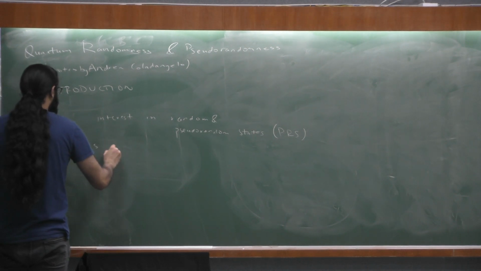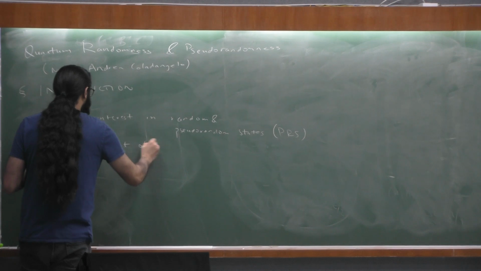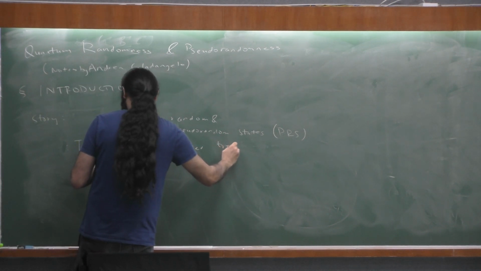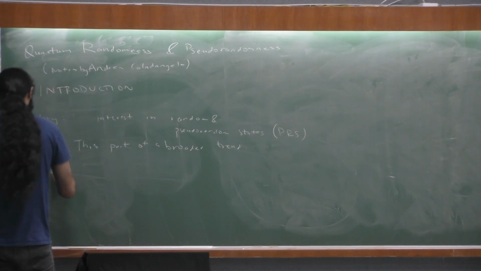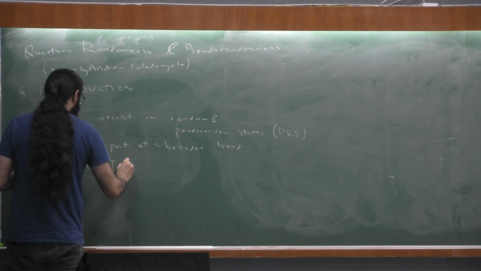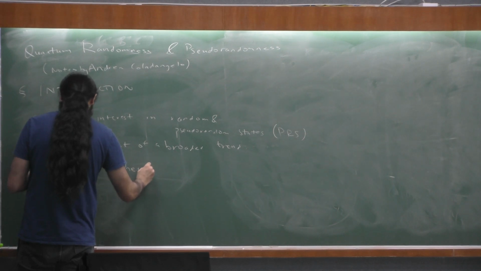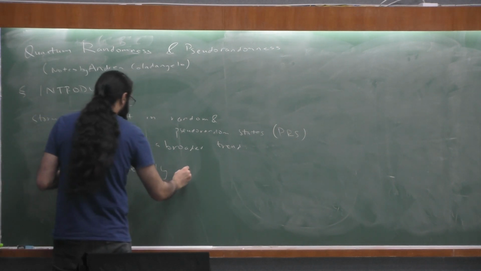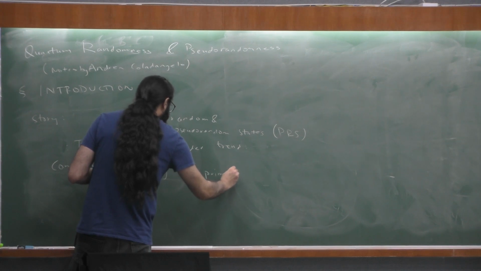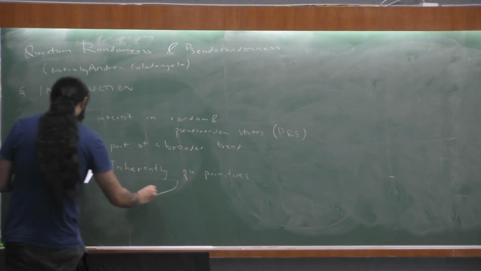And this is part of a broader trend, like I mentioned. So what is the trend? Basically, you're considering inherently quantum primitives. What does that mean?